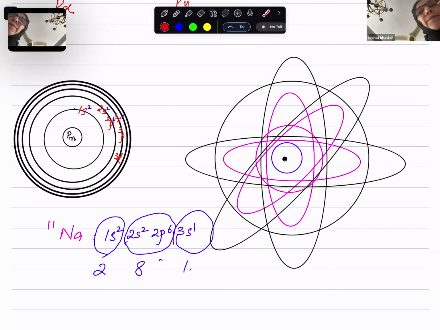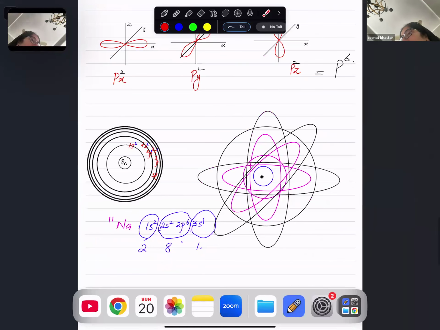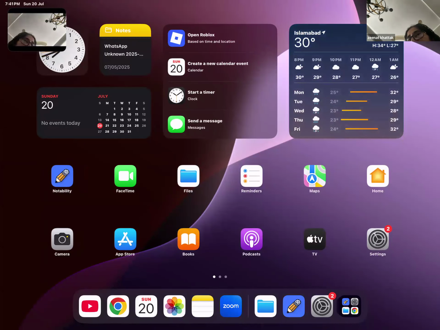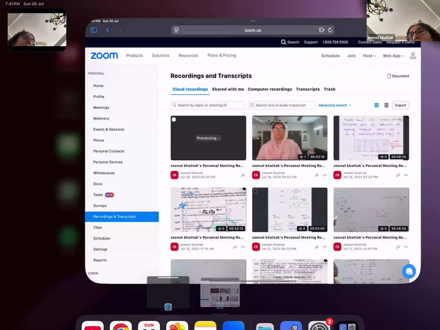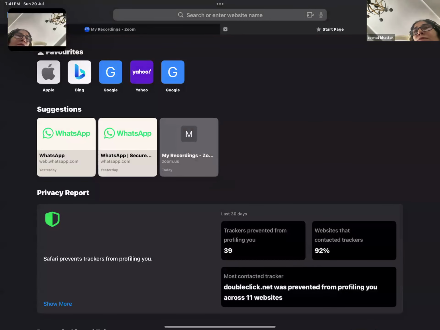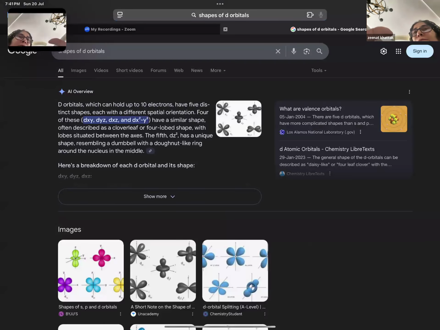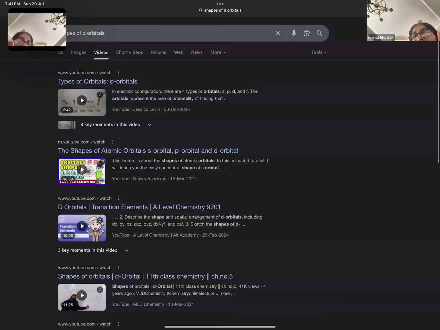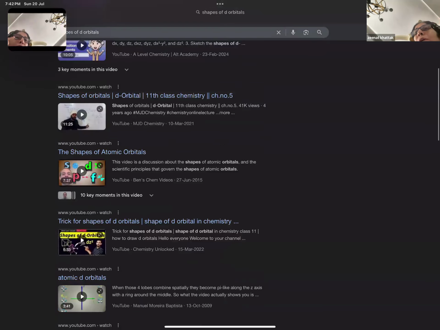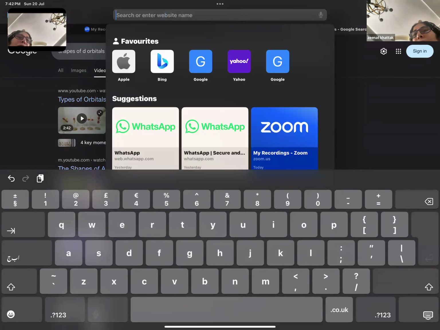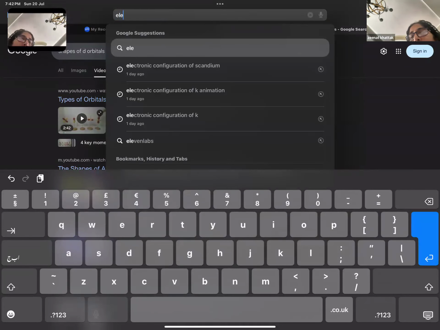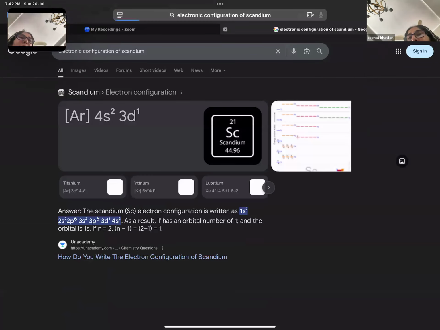I'm showing a video of the configuration, just to see the s and p, how you can imagine them. Electronic configuration of scandium.